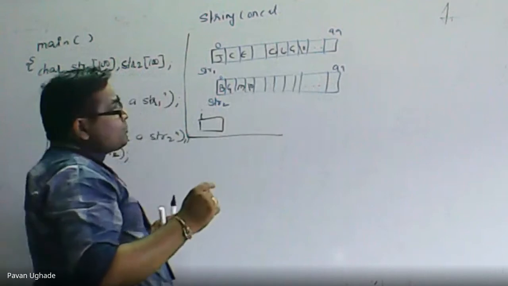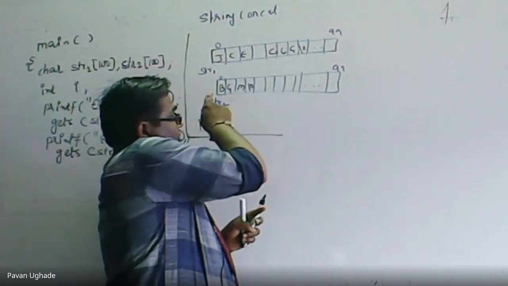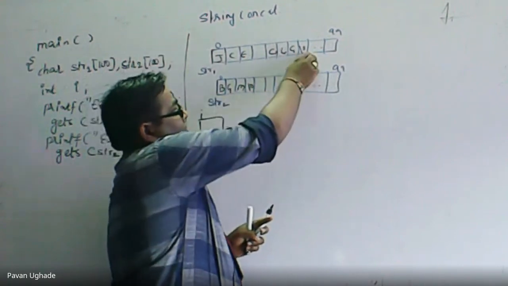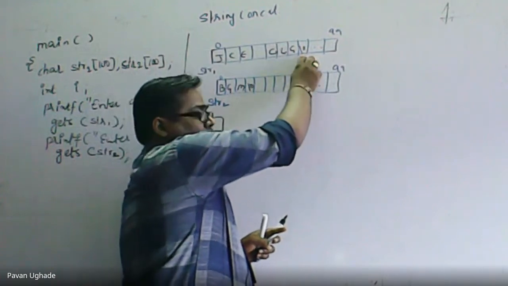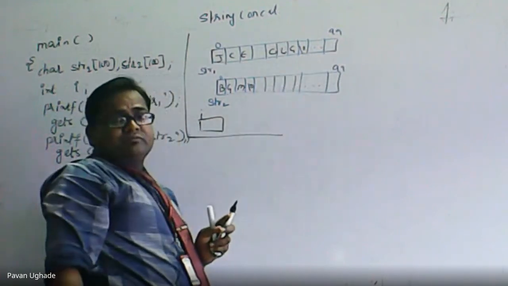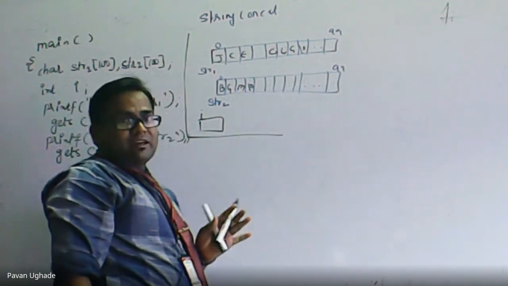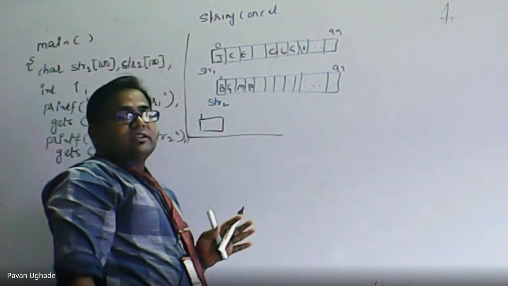Now the question is, sir, shall I paste this bgm after the backslash zero, or should I start exactly where the backslash zero is? The importance of backslash zero is that it tells us this is the end of the string.